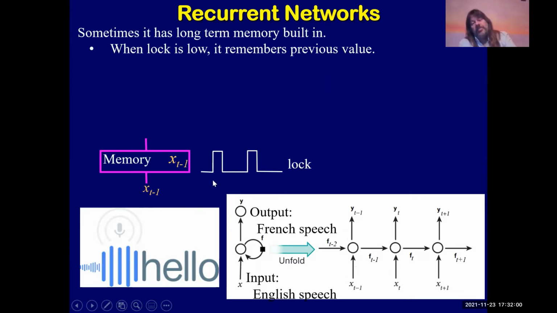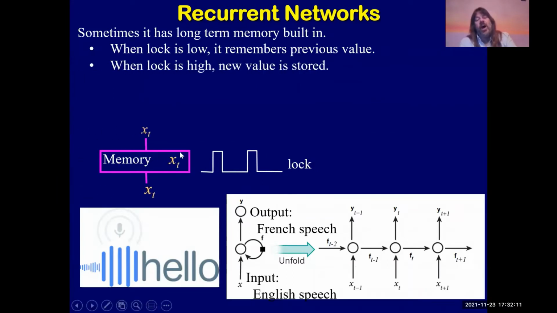When the lock is low, it's going to remember the value. And see, there are different time periods. It might remember some value for a long, long time. But then when the lock goes high, we learn some new value, whereas before we held the old value.